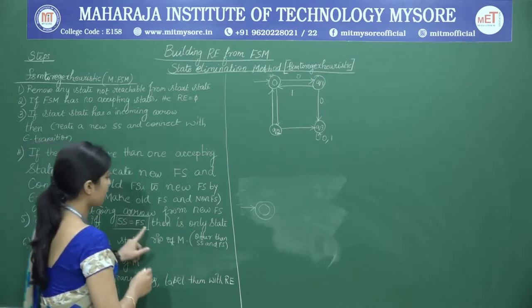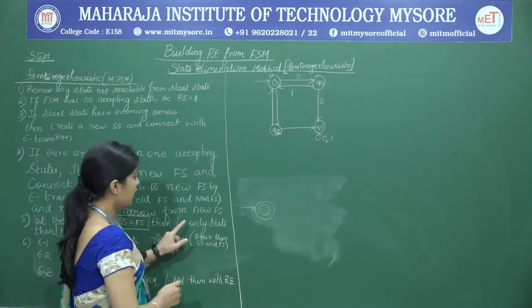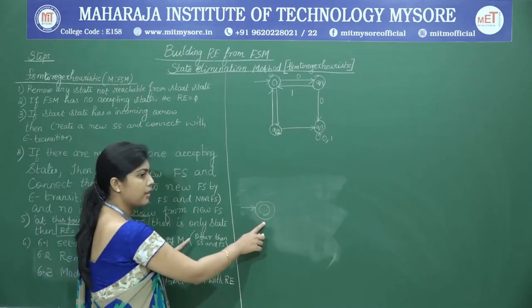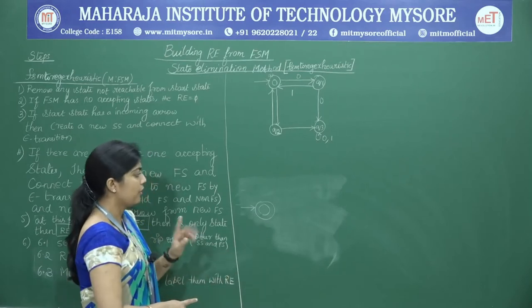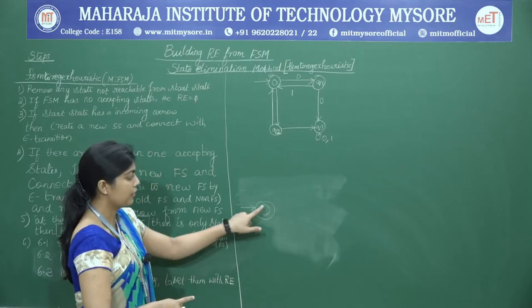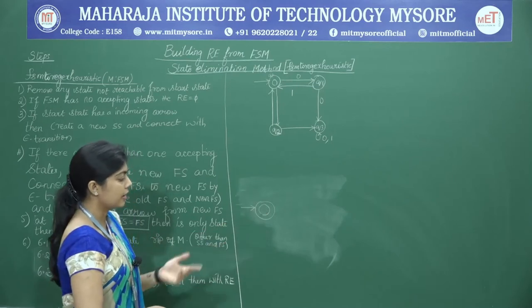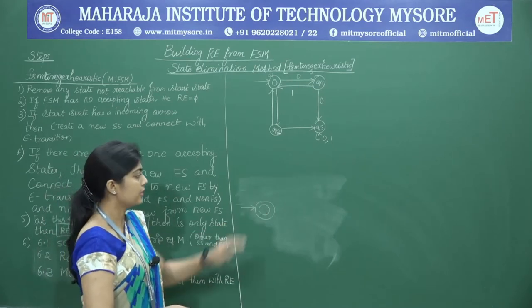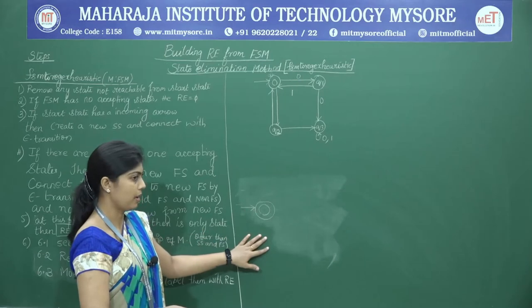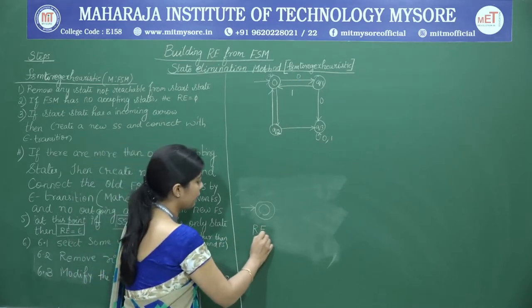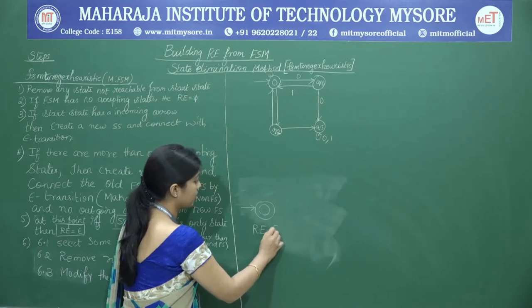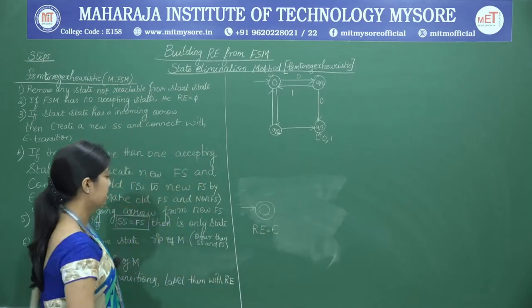It should also satisfy the condition that this state is the only state in the entire automata. So both conditions have to be satisfied. First, the start state itself has to be the final state, and second, it is the only state in the entire automata. Then the regular expression for this kind of automata is epsilon.